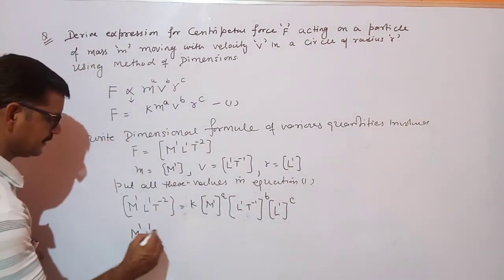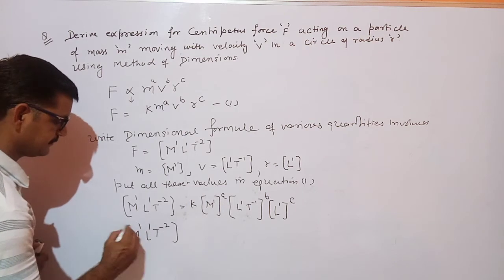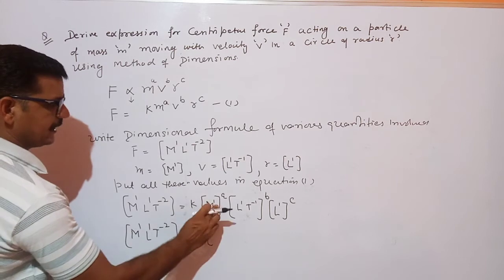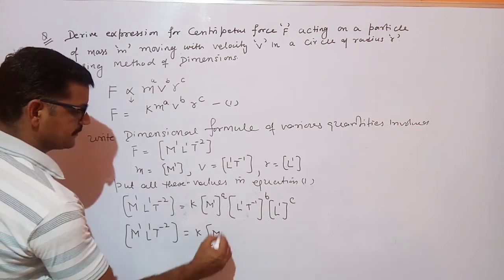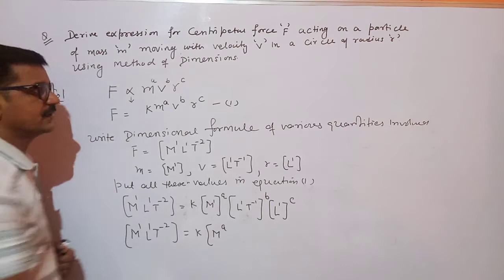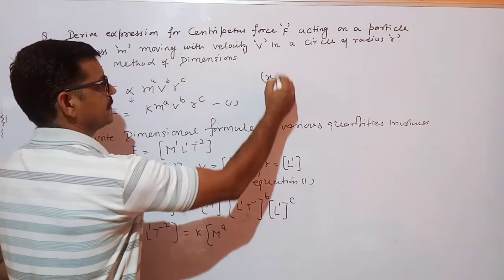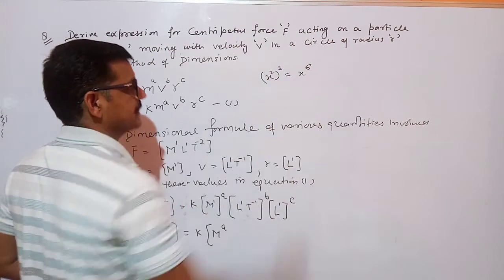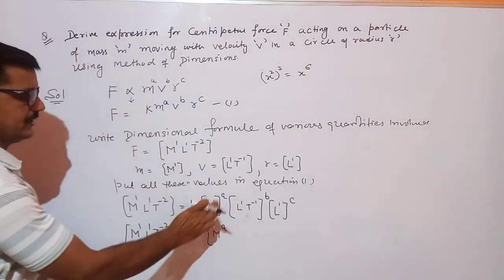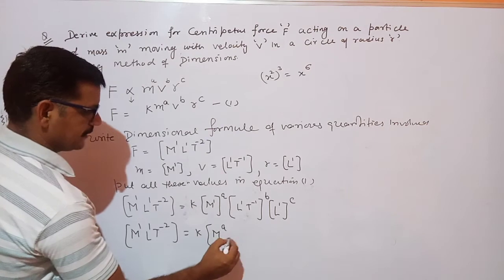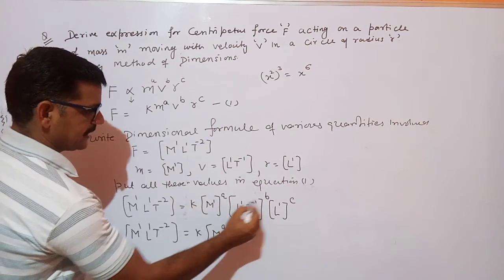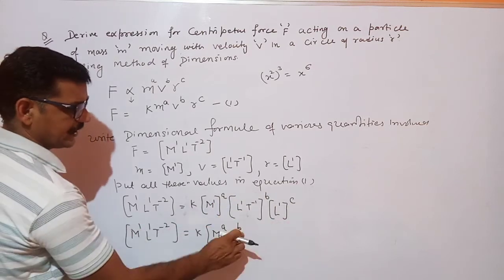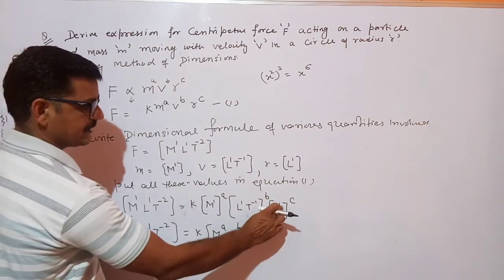M power 1, l power 1, t power minus 2 equals k, m power 1 into a, it becomes m power a, because when you have power over power like x power 2 whole power 3, what does it become? X power 6. Simply here 1 into a. And again here if you see l power 1 into b, l power b, and here it is l power 1 into c.